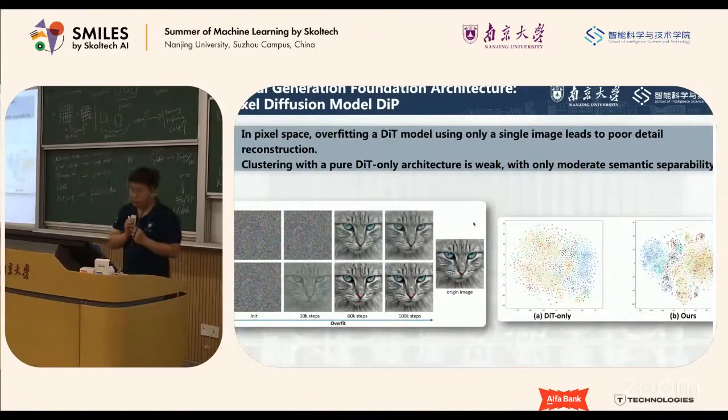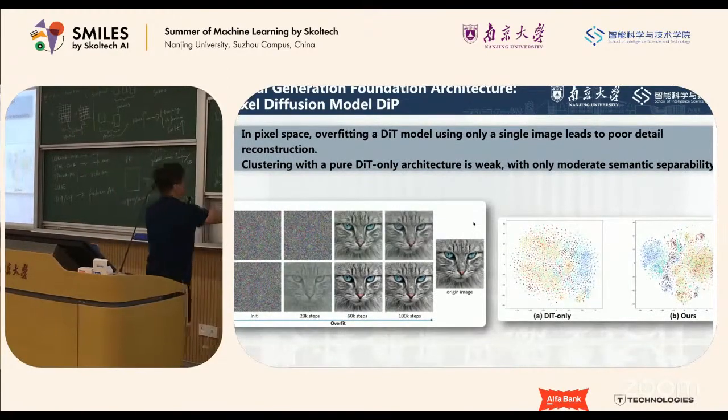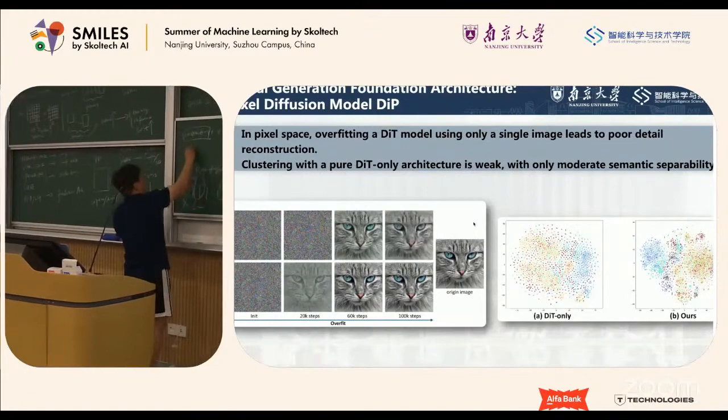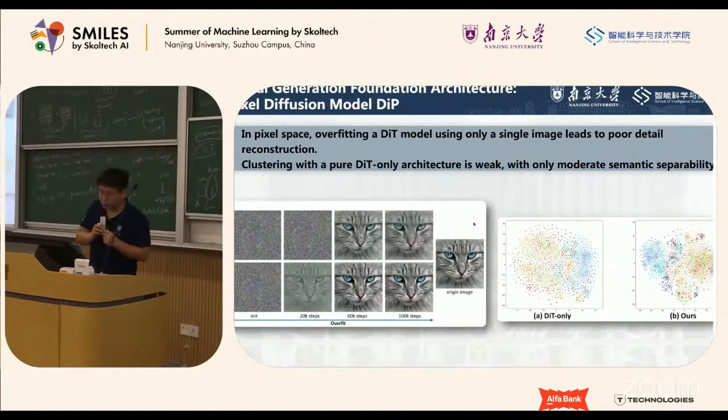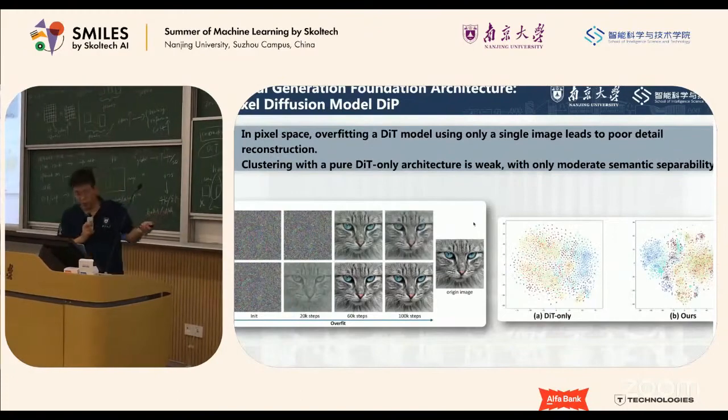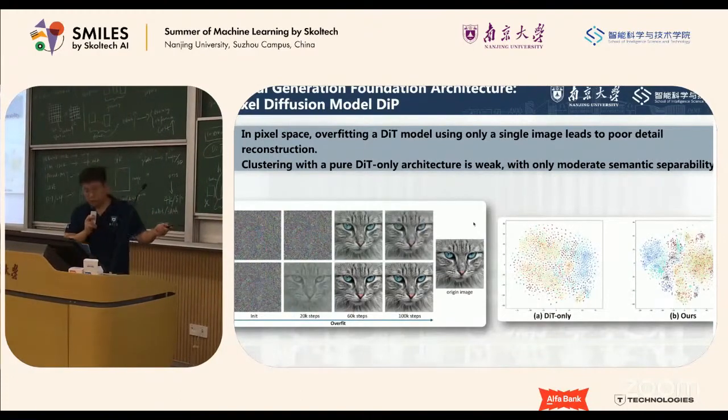So these examples show that a pure DiT structure struggles to reconstruct local details even when overfitting to a single image in pixel space. And its feature clustering also shows only moderate semantic separation.